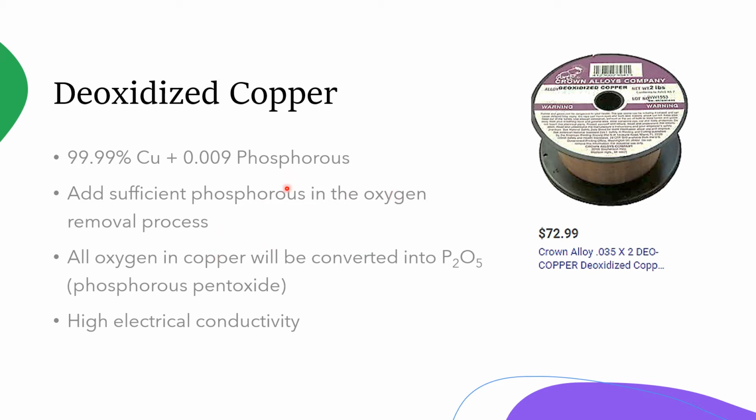By adding phosphorus in that amount. All the oxygen in the copper is going to be converted to P2O5. If you want to remove the oxygen, you have to carry it out with something. When they form the compound, it's going to filter out. So that's what we're doing in the chemical process.